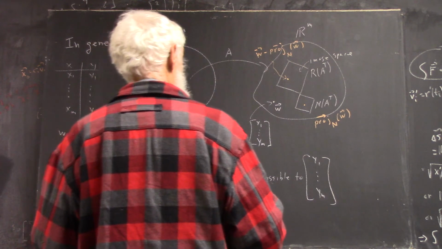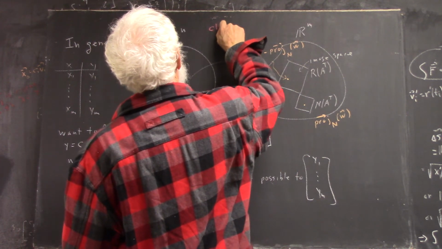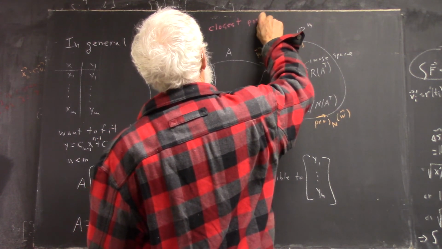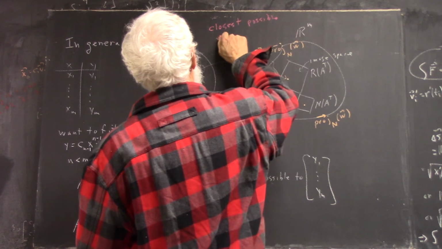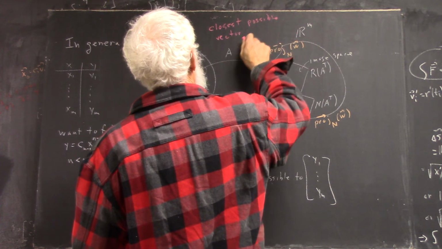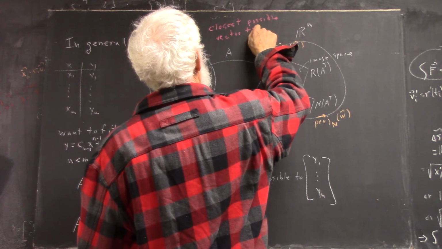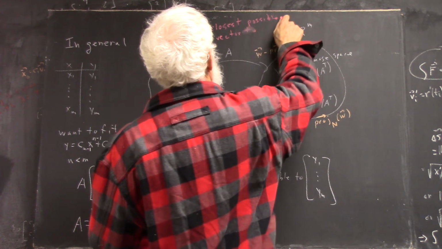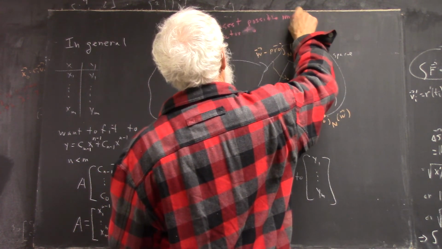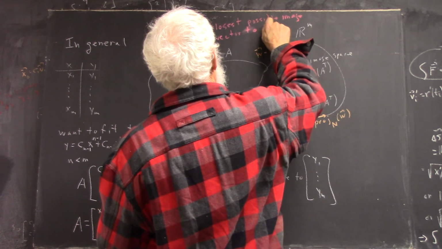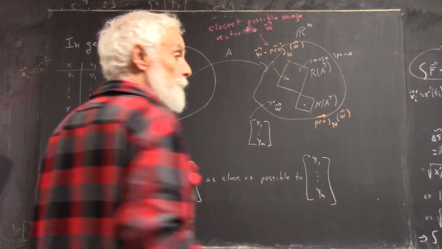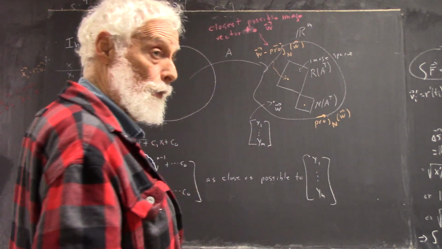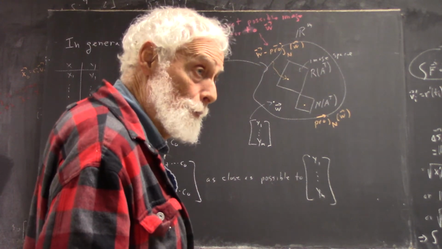So that's a big deal. I'll say closest possible image vector to W. By image vector, I mean image of a vector over here. Don't have room to write out all those words, but we understand that.